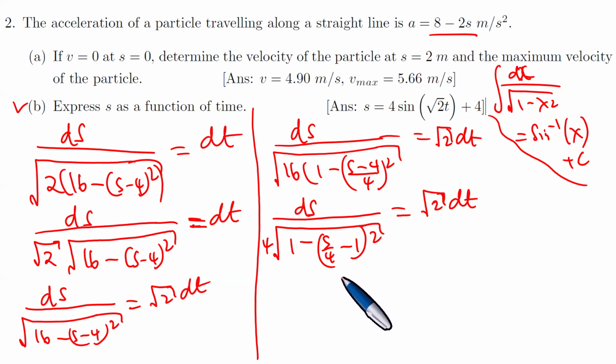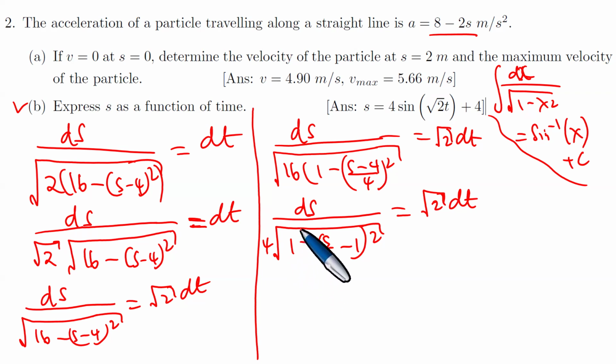So what do we have here? Okay, so it becomes exactly the same thing there as that. So you have the 1 minus under the square root, and then there's a 4 here.